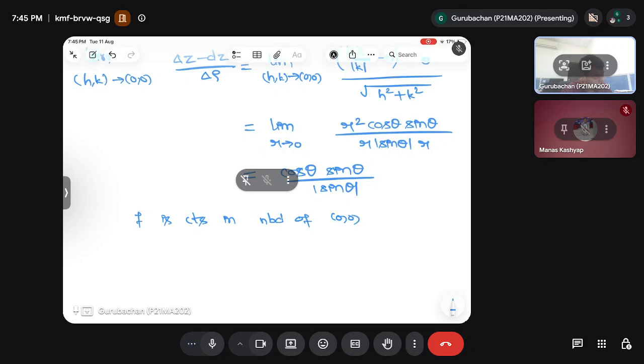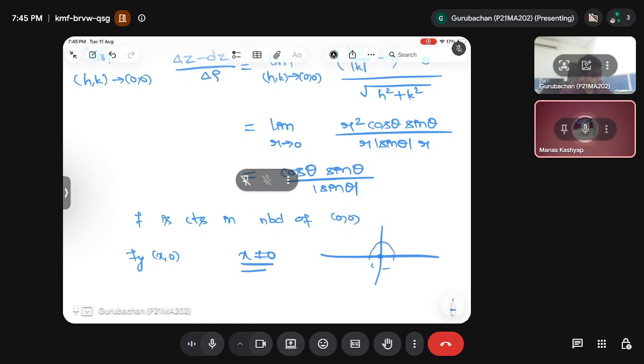I am saying that because calculate f y at x 0 where x is any non-zero quantity. Obviously this point is in the neighborhood of 0 0. Understood, sir. So in this case, the limit test is showing that the function is not continuous.